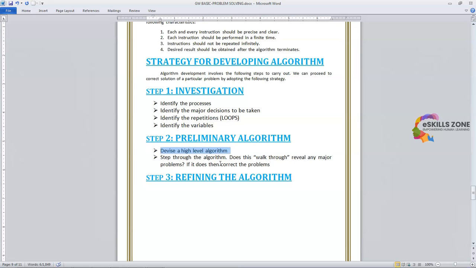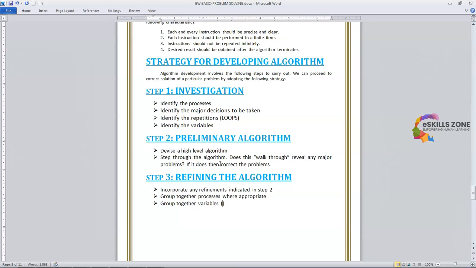First step is incorporate any refinements indicated in step 2. Group together processes where appropriate. Group together variables.